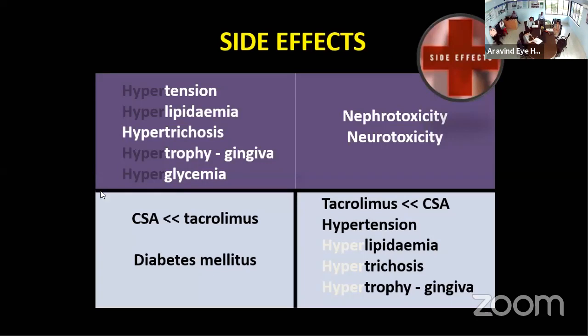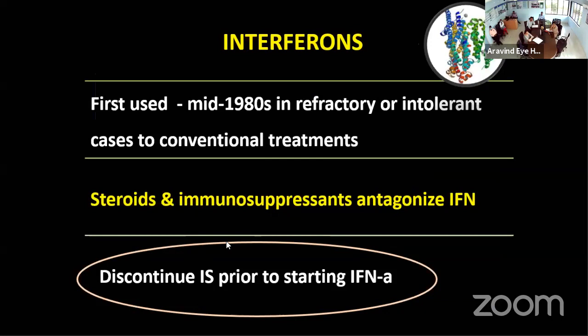As I said, the side effects of cyclosporin all start with H: hypertension, hypertrichosis, hyperlipidemia, hypertrophy of the gingiva, and hyperglycemia. Of course, nephrotoxicity and neurotoxicity always need to be remembered. The side effects are going to be less when you use the sister molecule, tacrolimus.